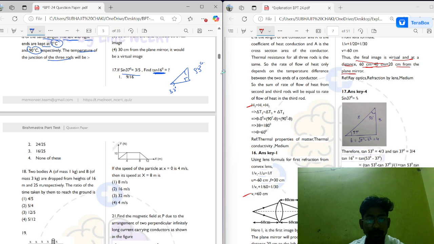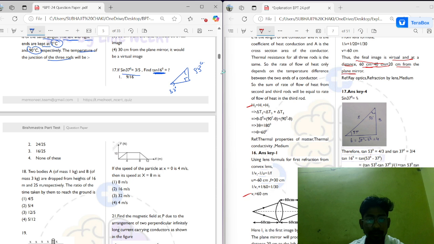For sine 53, this is 3, this is 5, so this is 4, right? For this angle, sine 53 will be 4 by 5.